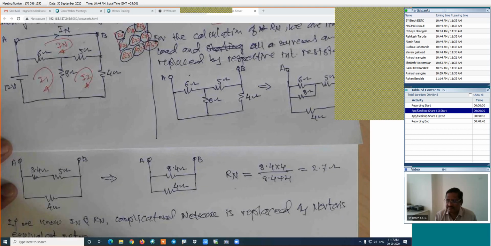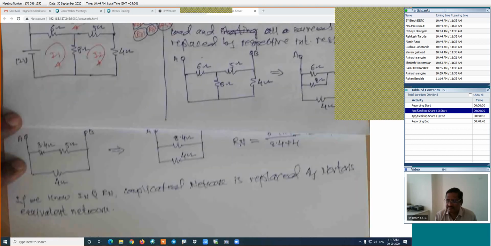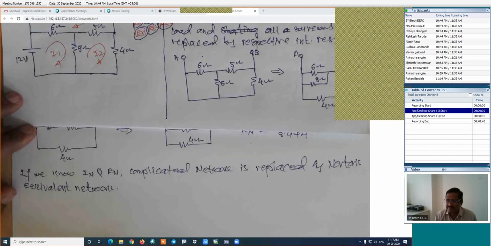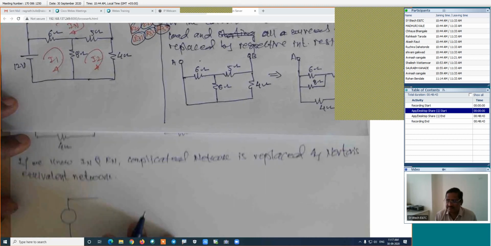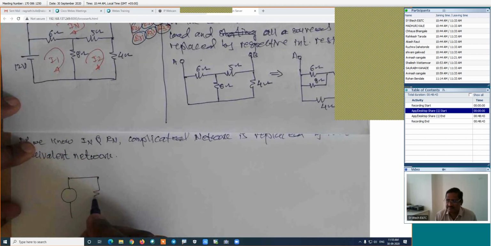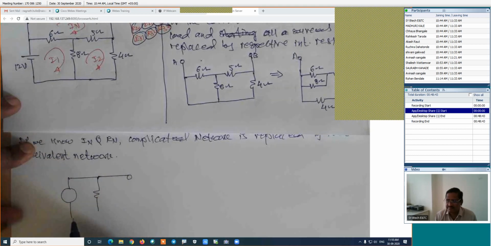Is it right? How will the Norton's equivalent network be here? It will be something like this. Here is the resistance, and connect the load resistance which was removed in the first step.